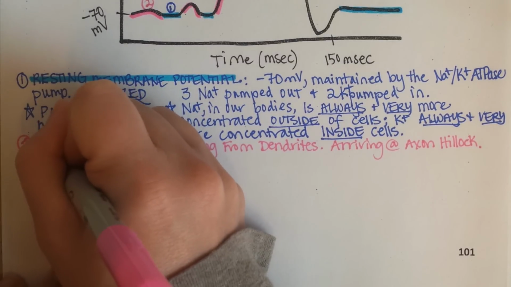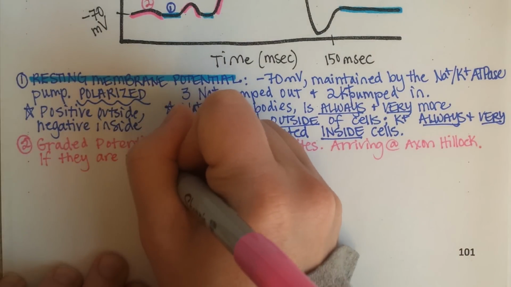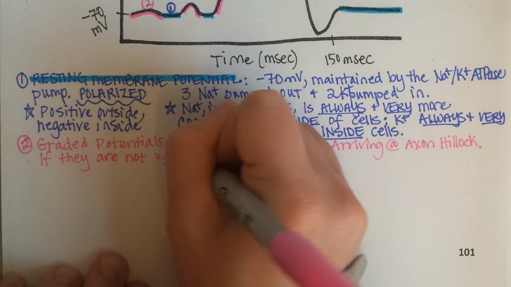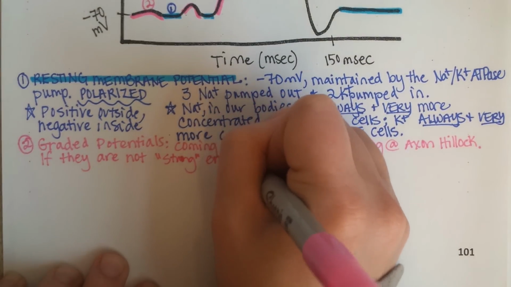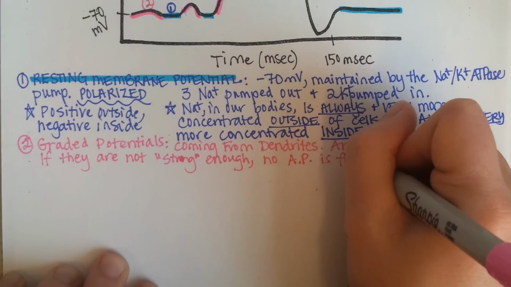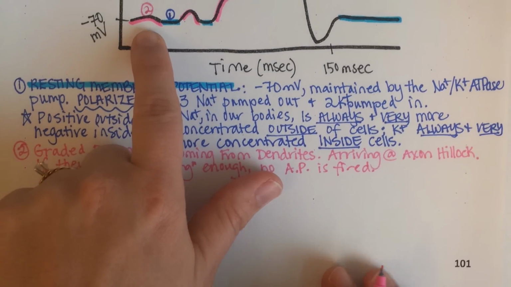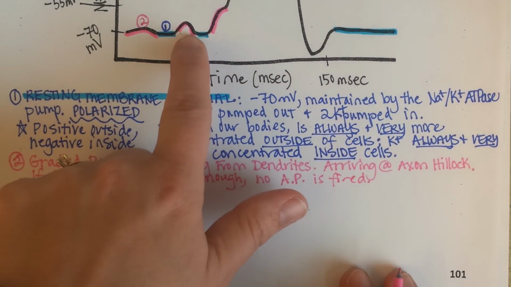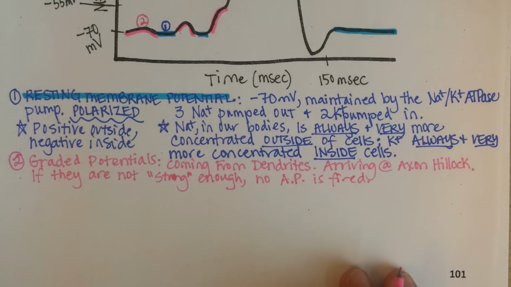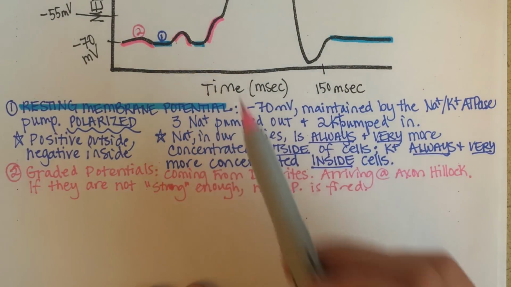If they are not strong, no action potential is fired. So you can see that these two were not strong enough. The graded potentials coming down the dendrites to the axon hillock were not strong enough EPSPs summatively to fire an action potential, whereas this one was, and then something different happened.